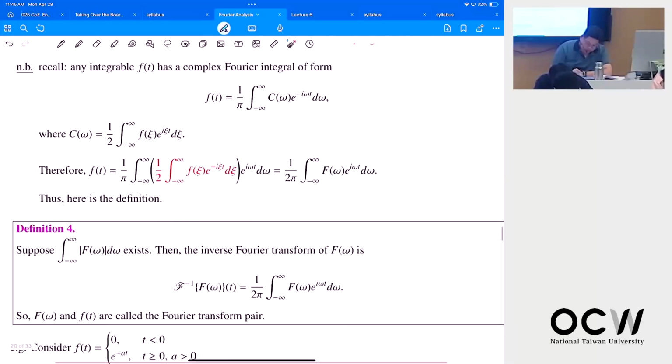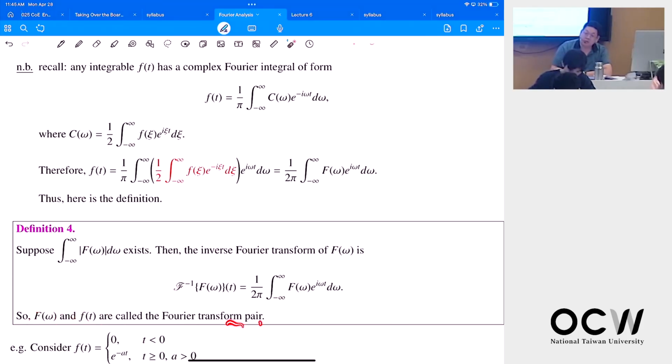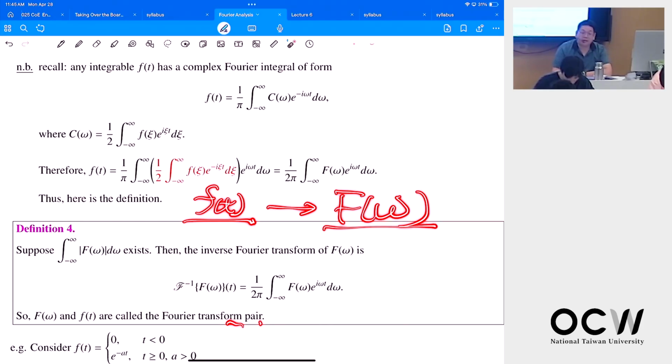So this is the formula. Exactly the same here. Then we call f and F the Fourier transform pair. Every time I have a function f in time domain, I can get the function in frequency domain. You can check the table, or we use the formula to find your function in frequency domain.